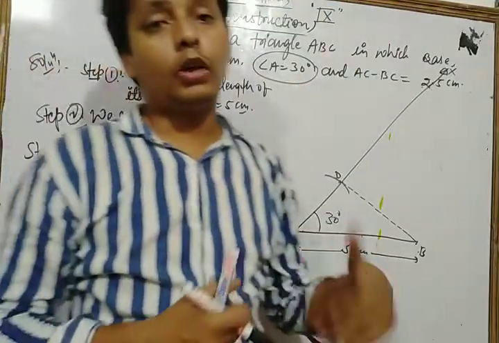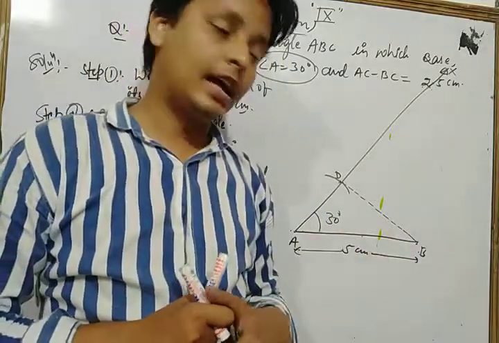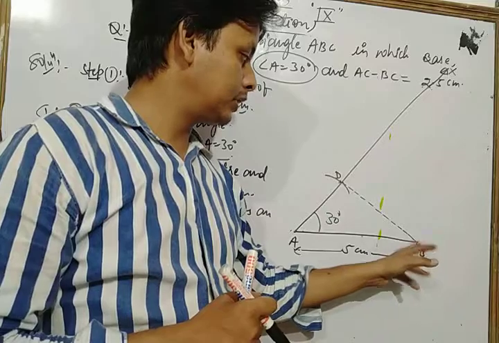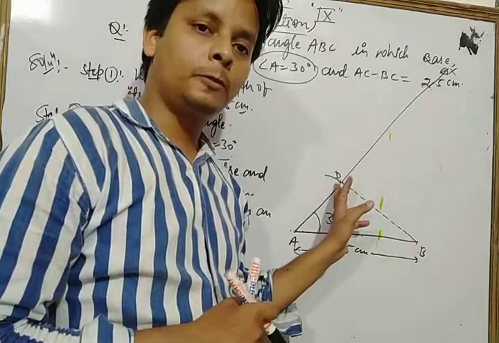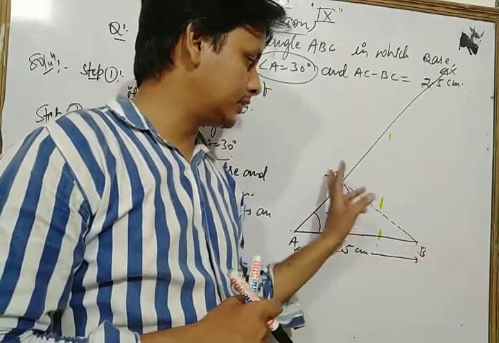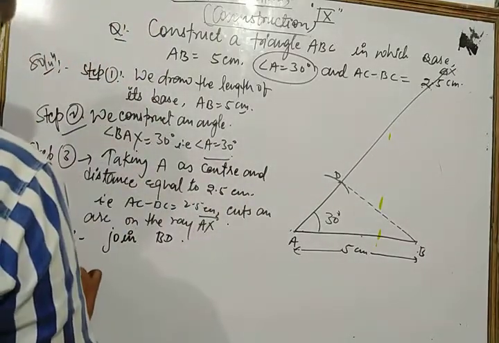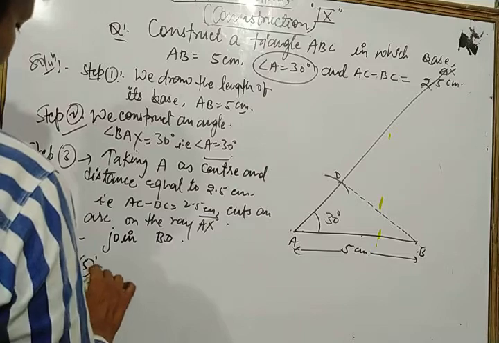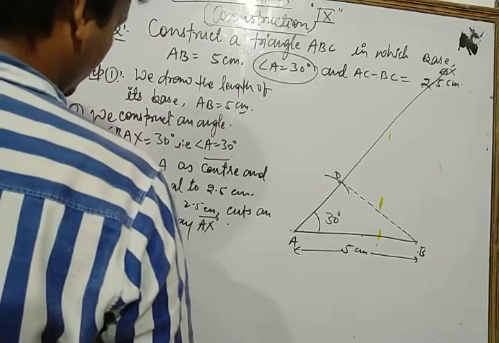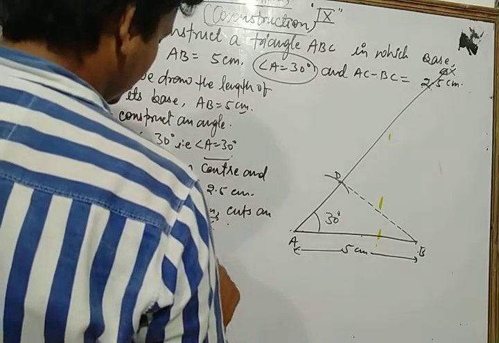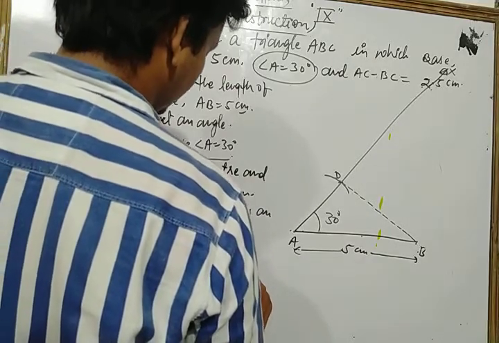Now the next step of this type of construction is that we draw the perpendicular bisector of the line segment BD. Now in step 5, we construct the perpendicular bisector of the line segment BD.